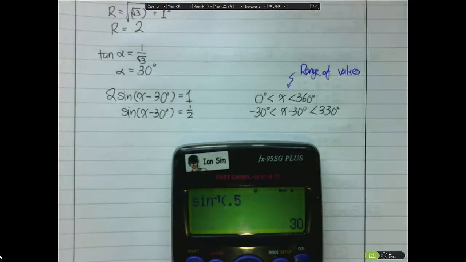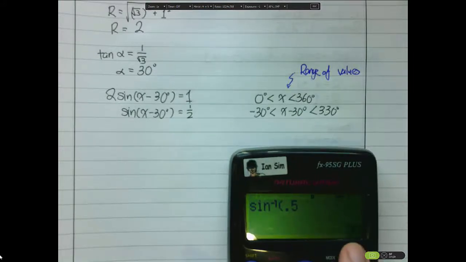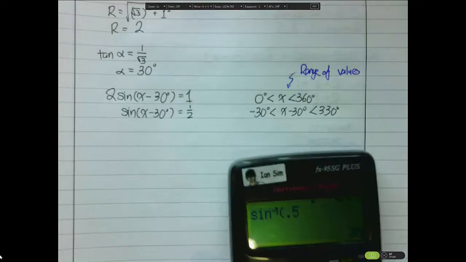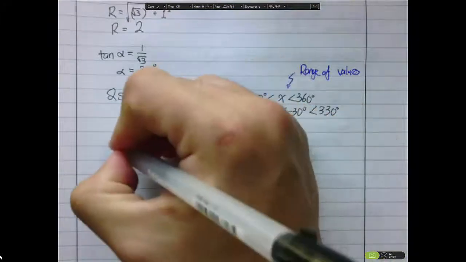It is 30 degrees. Sine is positive, so it should occur in the first quadrant and the second quadrant, AS. Because the angle is 30 degrees, it should occur in the first and second quadrant. So for this, I inverse sine half.